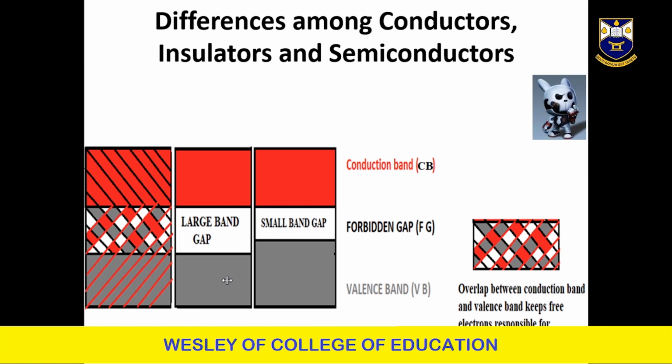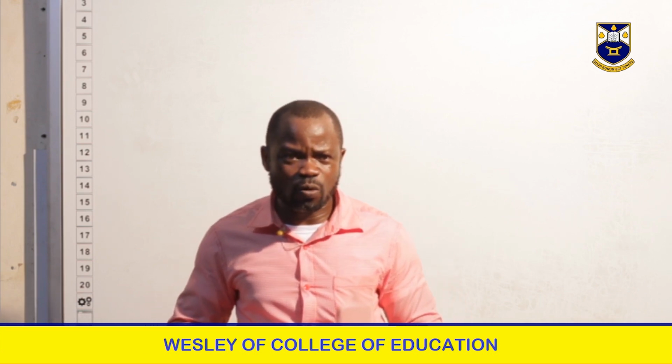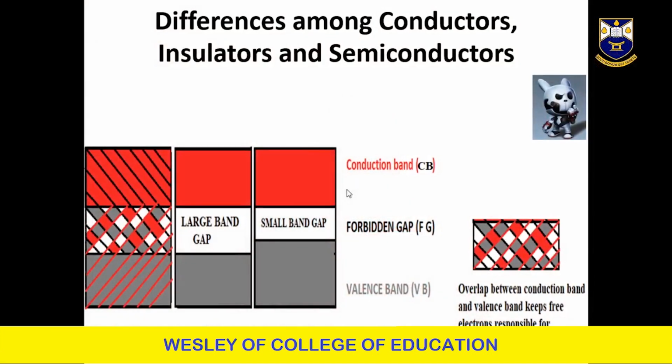Now, if you take the conductor, the valence electrons, or the electrons found in the valence band, they have the ability to move into the forbidden gap. That's shown with the red lines going there.